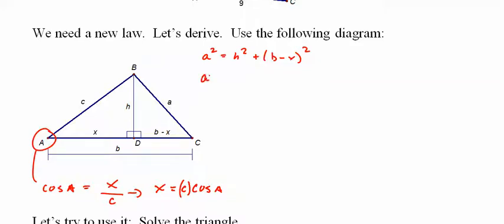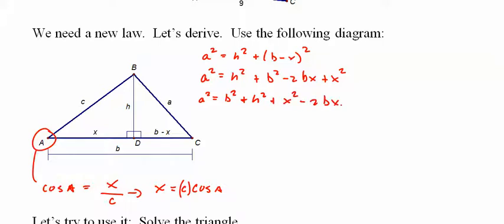Anywho, distribute out the b squared minus 2bx plus x squared, and reorganize. A squared equals b squared plus h squared plus x squared minus 2 times b times x.